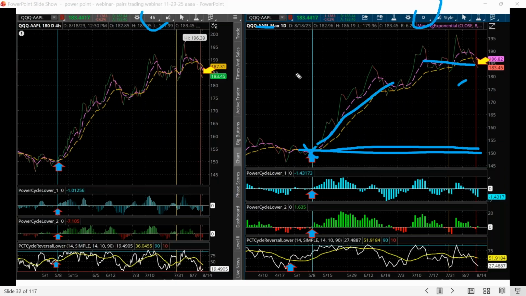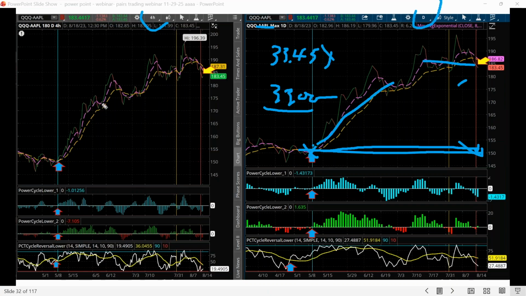You just do the math there, and that's a move of $33.45 per share increase from here to here. Times 100, that'd be over a $3,300 move per 100, from that point to there. That's one contract.